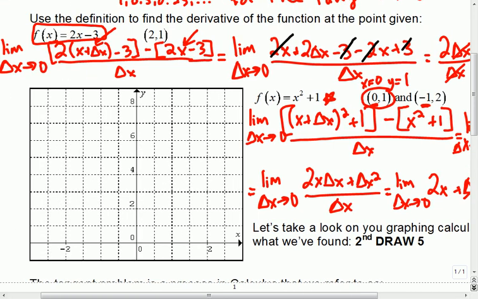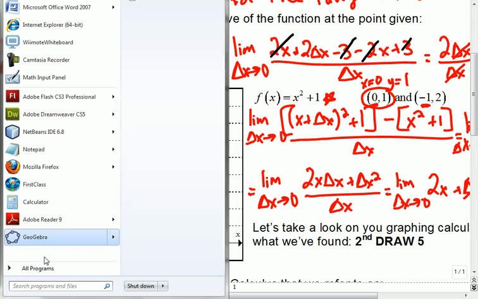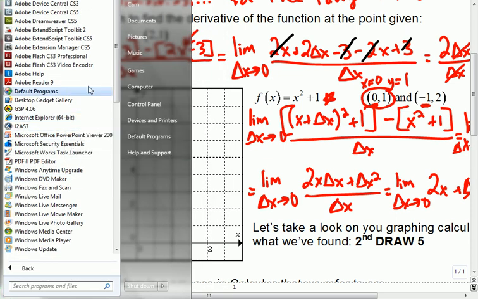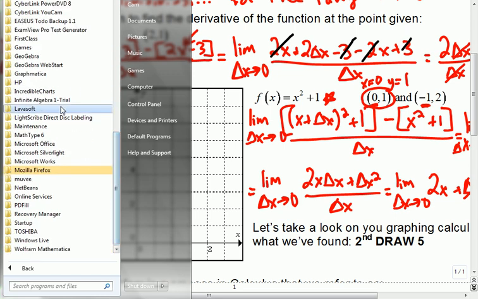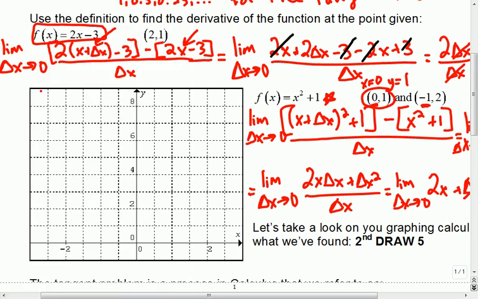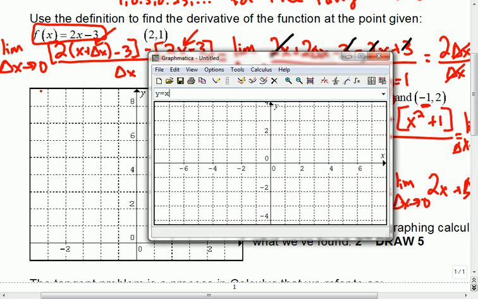And we'll put in that, sorry, we'll put in x squared. Just have to go get my Mathematica. So we'll put in x squared plus 1.